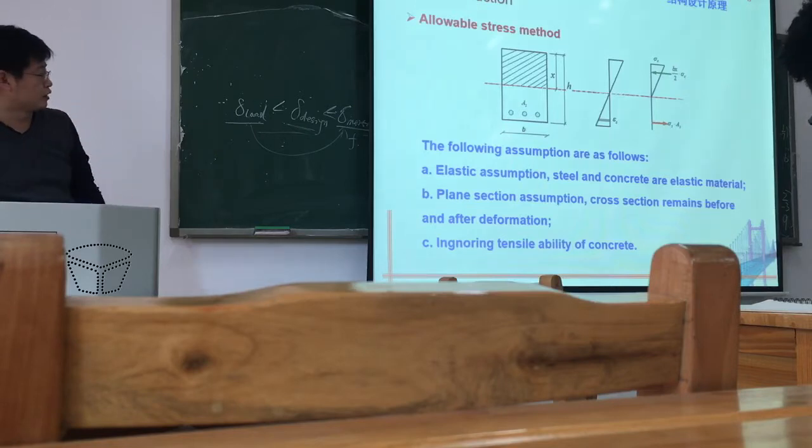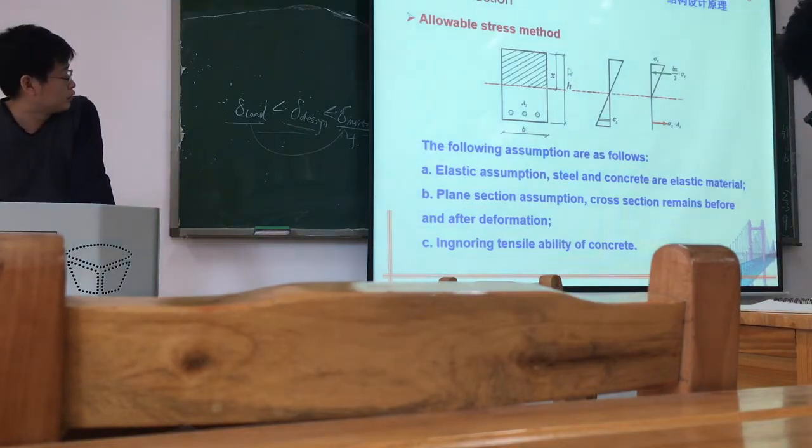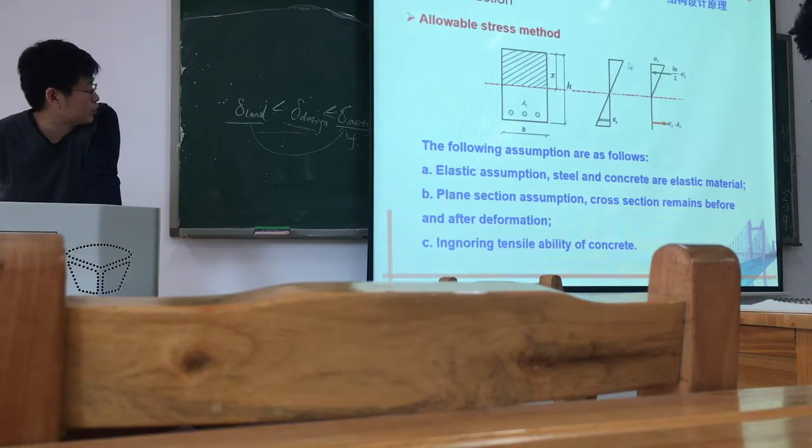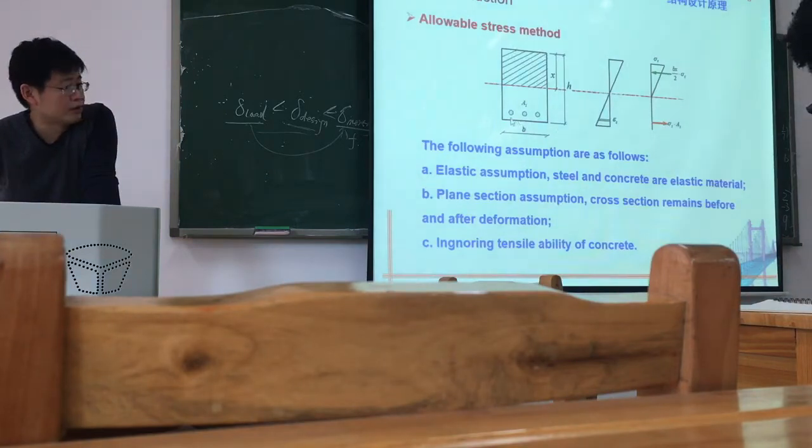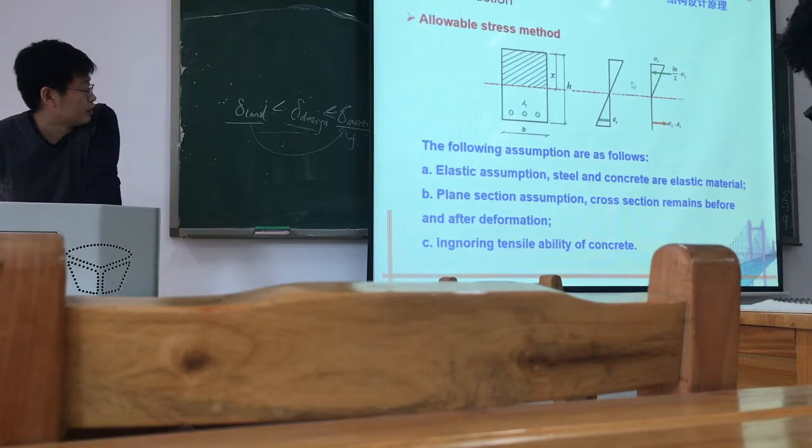This figure is the distribution of the stress for this rectangular section of reinforced concrete. In this method, the allowable stress method, under the following assumptions, we can draw the distribution of the stress like this straight triangle. But the real situation actually is not this.